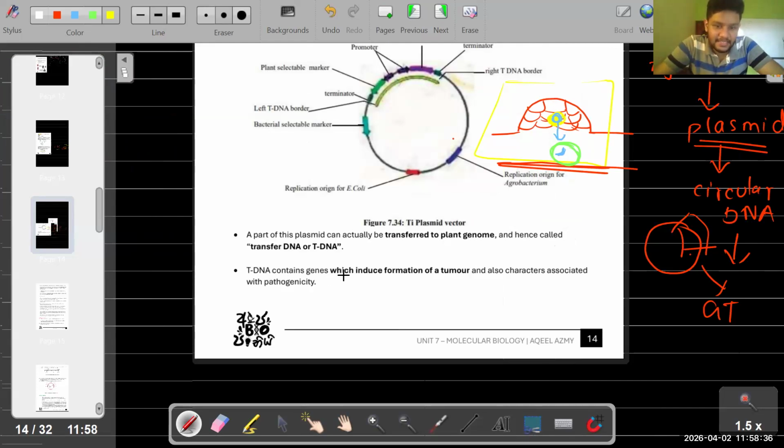Transfer DNA contains genes that involve in inducing the formation of tumor. Can you see? There is a supporting character also. And also characters, now it is inducing the formation of tumor and also induces pathogenicity. Pathogenicity means it is the reason.